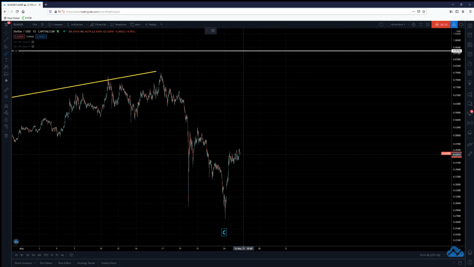Okay, so if we're looking at whether this is a 1, 2, 3, 4, 5, I can't pin it right now because all I can see is 5 waves up potentially, and a correction. So let's just wait and see what happens there.